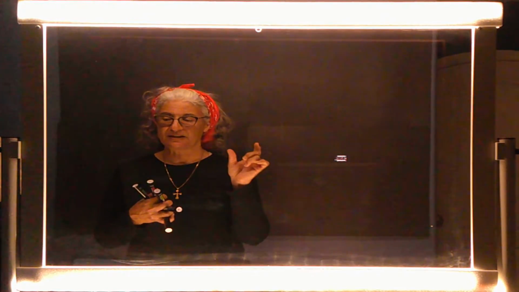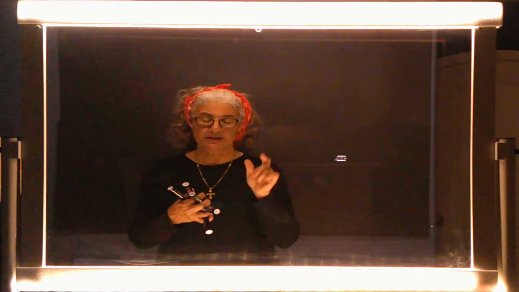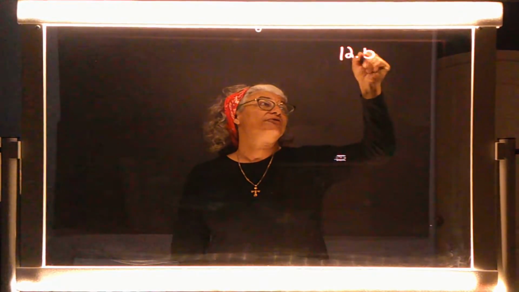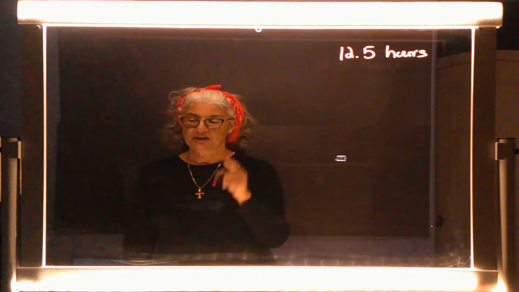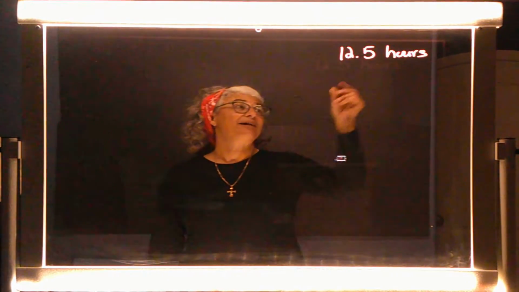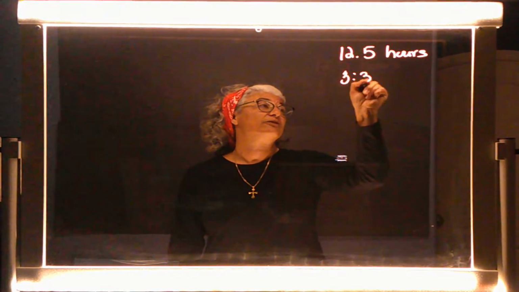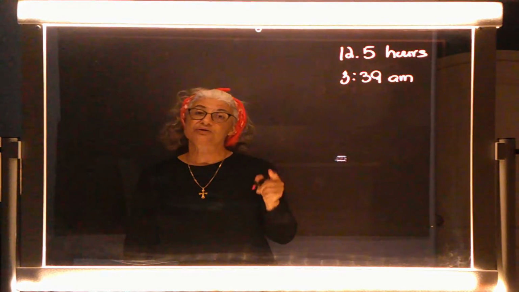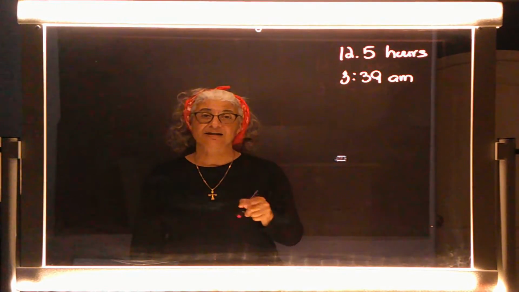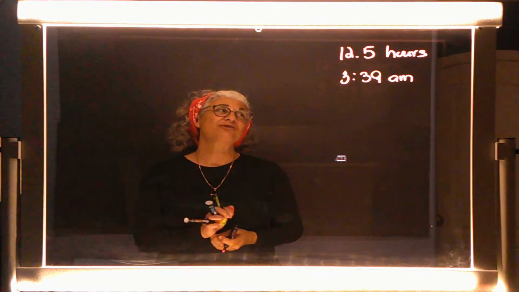Well, help me out here. They told me that the time length between consecutive high tides is 12.5 hours, didn't they? They also told me that high tide occurred at 3:39 a.m. And they're like, okay, so tell me, when's the next high tide? So here's the deal.